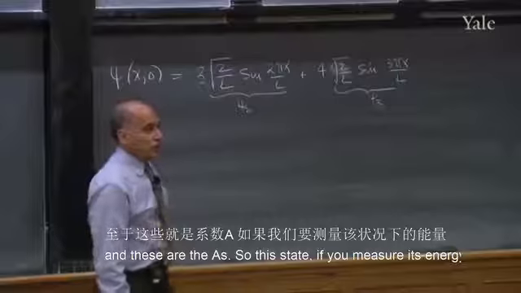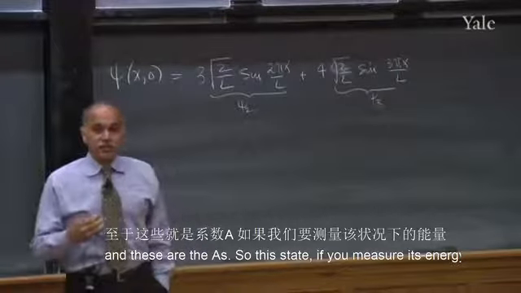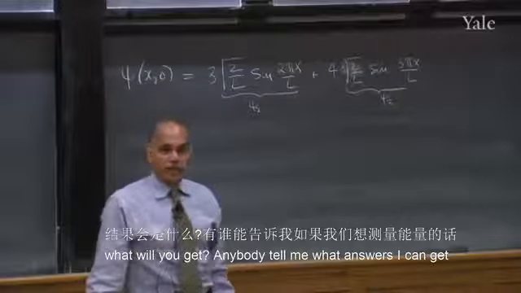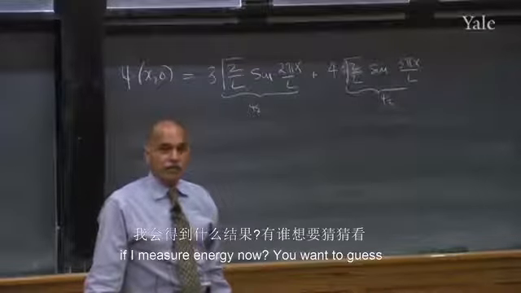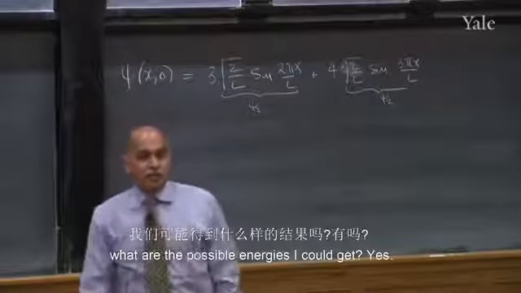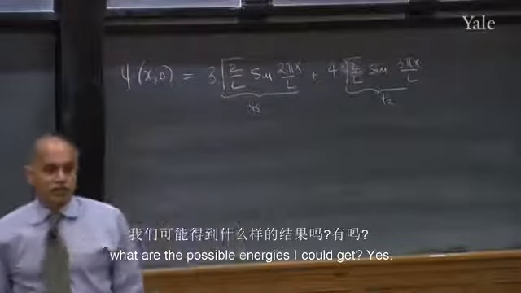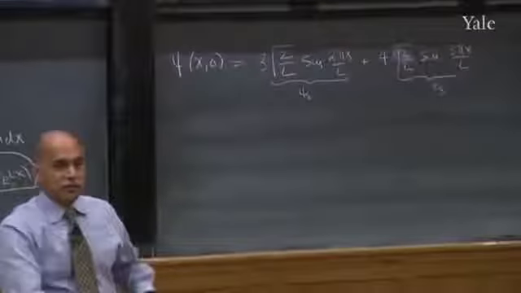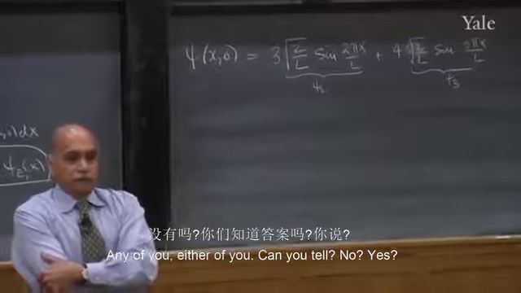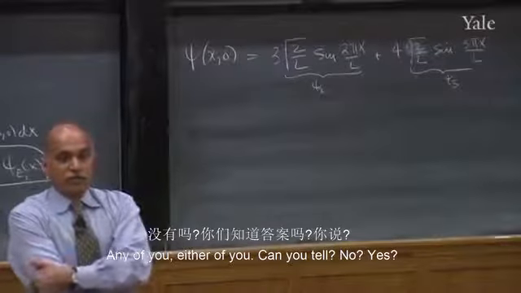So this state, if you measure its energy, what will you get? Anybody tell me what answers can I get if I measure energy now? What are the possible energies I could get?